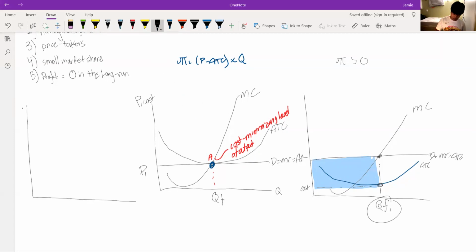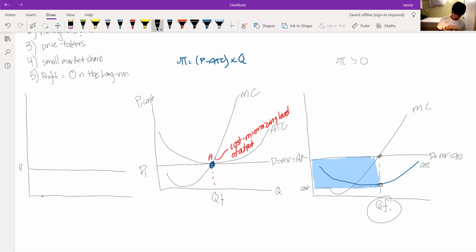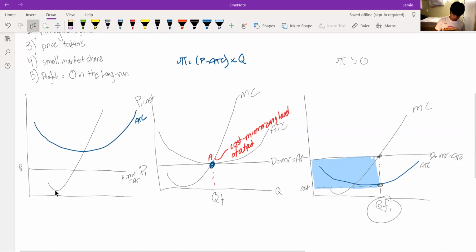Okay, let's assume the same. So this is P1. D equals MR. For a firm earning negative economic profit, average total cost should lie above the marginal revenue curve. And as such, firms are going to produce where MR is equal to MC right here.